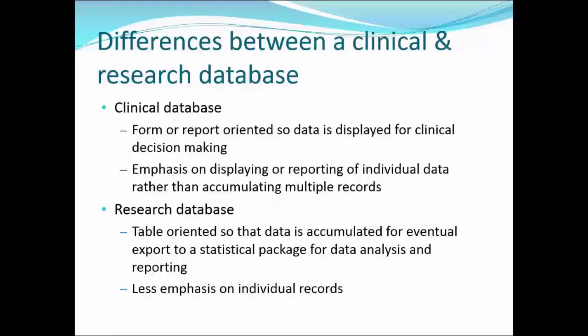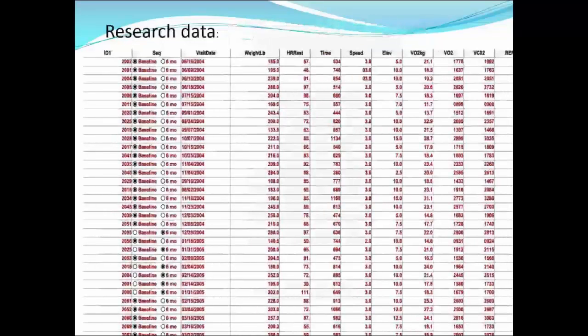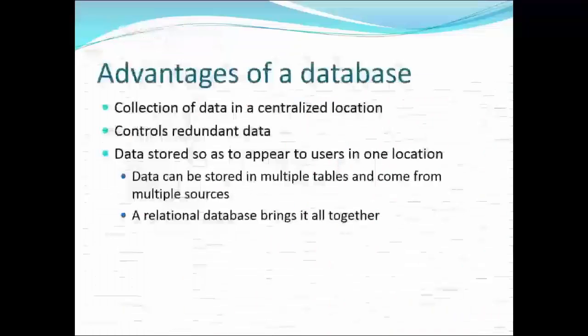So you're not really looking at individual records, you're looking at a group of records. In clinical data, you might have an outcome from a metabolic test, whereas in a research database, you're looking at the outcome of many of those tests. So it does look a little different, and you want to compile it a little differently to make it useful and easier to analyze.